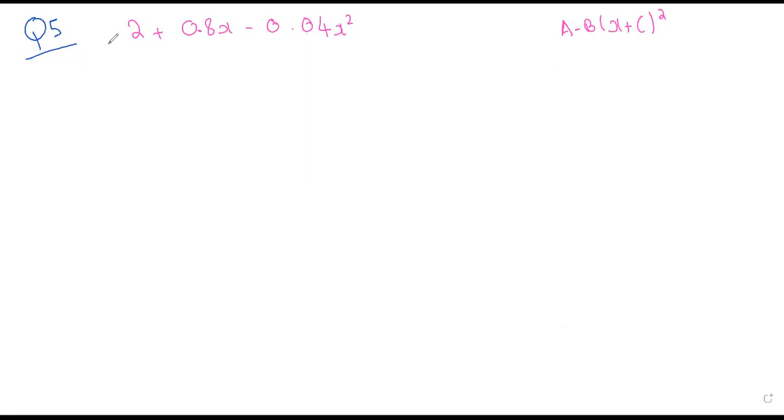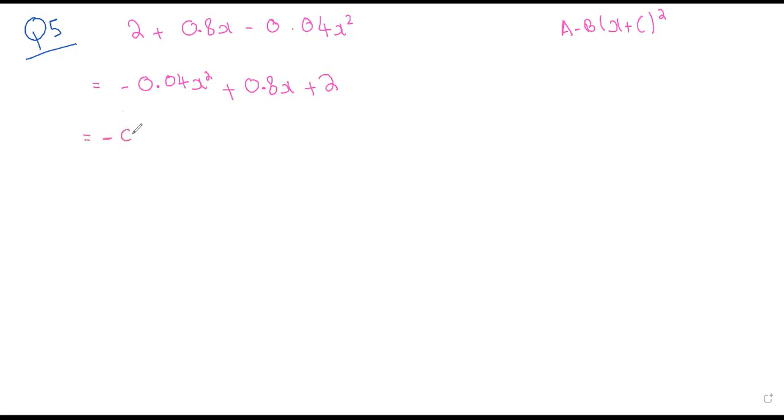So I'll rewrite this just so it's more understandable. Minus 0.04 x squared plus 0.8 x plus 2. This is your quadratic equation.